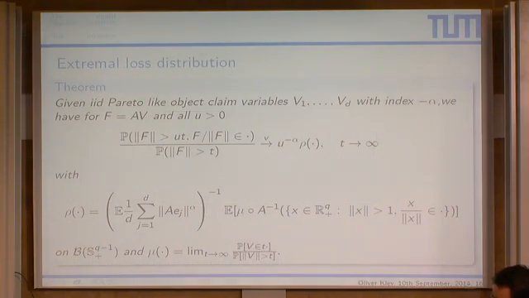That makes it possible to sum up. As I said, we start with IID Pareto-like object claim variables V1 to Vd, and they all share the same index in the tail.